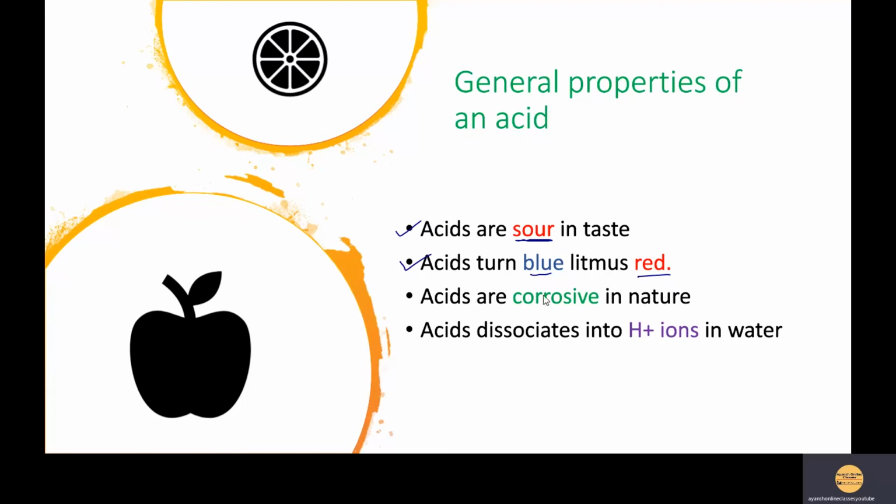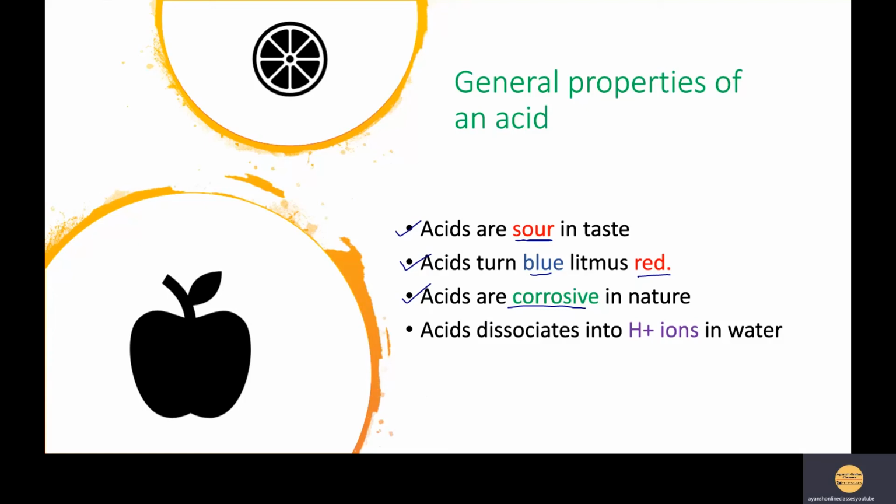Then acids have a corrosive nature. So what is this corrosive nature? If an acid falls accidentally on any metal, or on your skin, it is going to lead to corrosion. The upper layer is going to get exfoliated. It will show corrosive behavior.